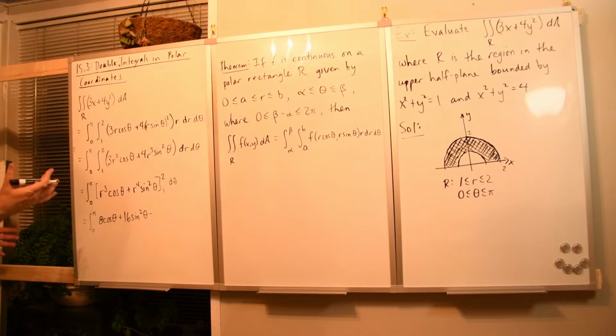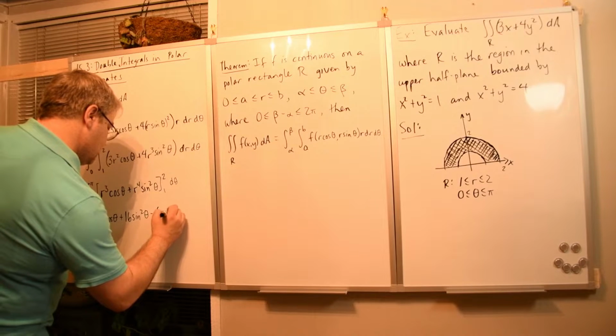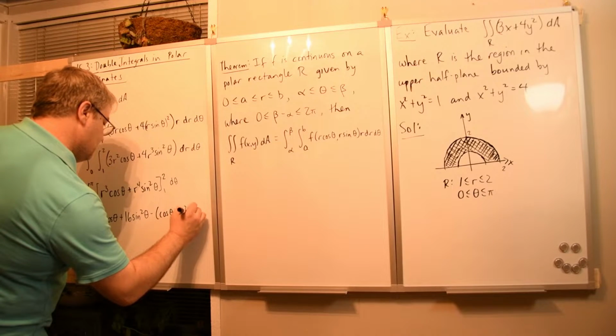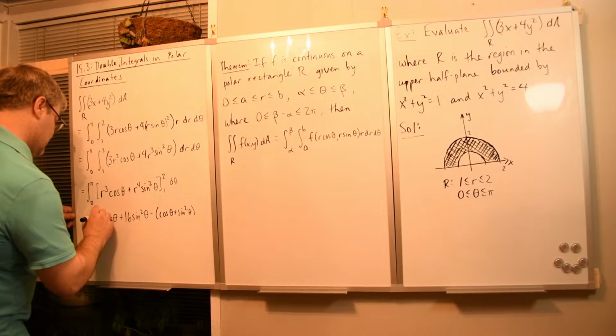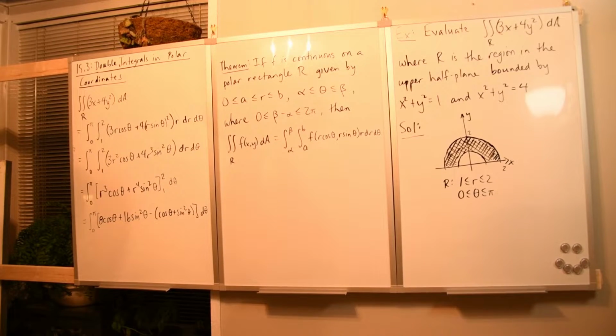Plugging in 1 for r just gives us cosine theta plus sine squared theta. We have some like terms to combine, but what we end up with is the integral from 0 to pi. We'll have a 7 cosine theta plus a 15 sine squared theta, and that's how it'll unfold.